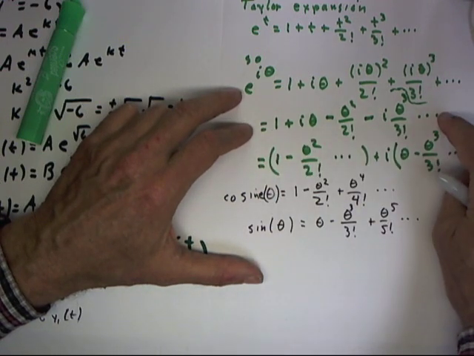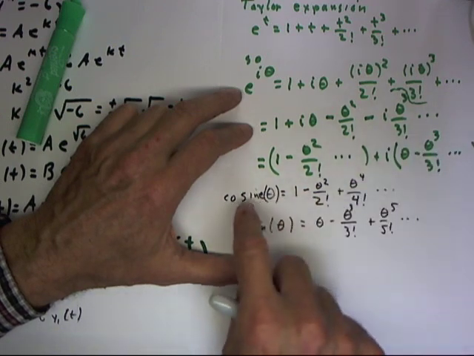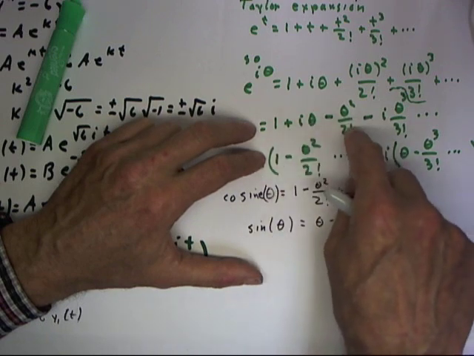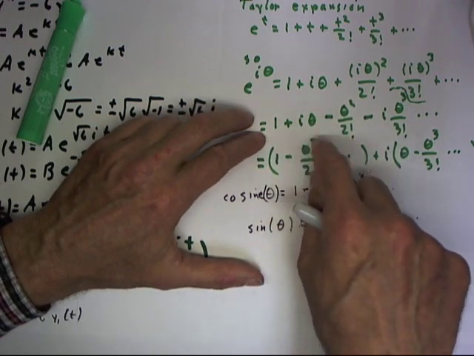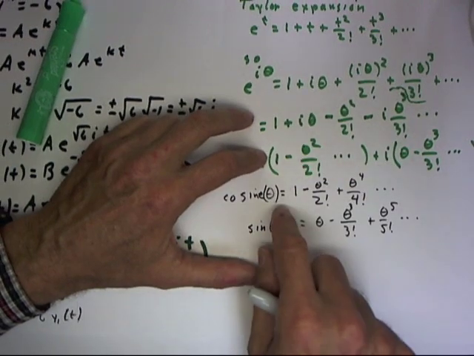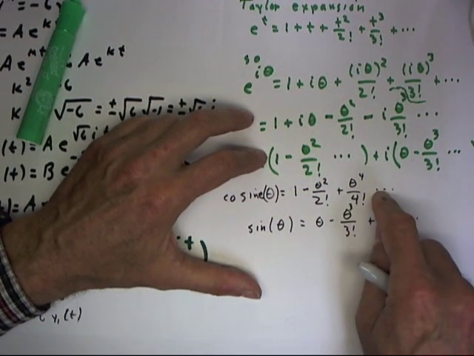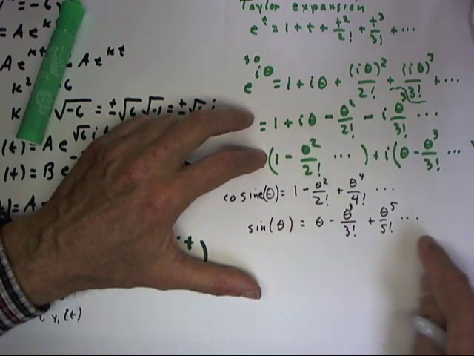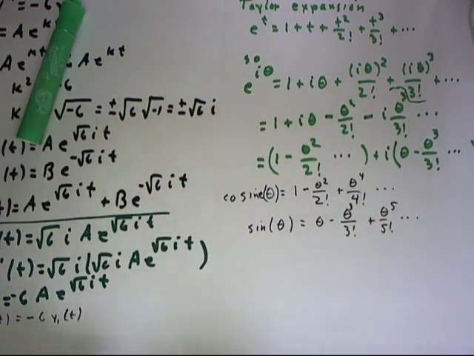Again, writing out more terms of this series, you can verify that the real part, the terms you get from the real multiples of theta, will give you the rest of the expansion of the cosine of theta, and the odd powers of the multiples of i are going to give you the rest of the expansion of sine theta.